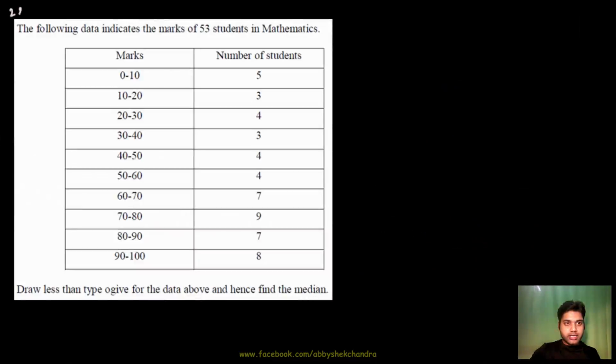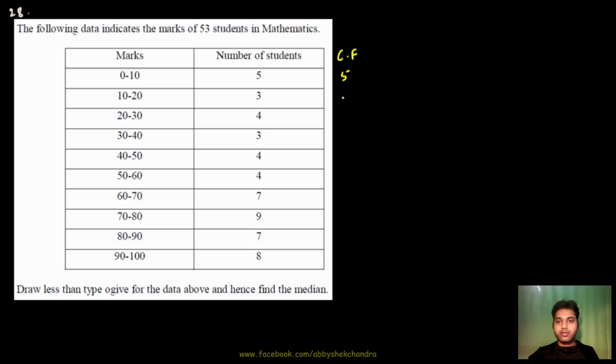Question 28, there is a second option for question 28. Following data indicates the marks of 53 students in mathematics. 0 to 10, 10 to 20, okay. Draw less than type ogive for the data above and hence find the median. So let's again find the cumulative frequencies.